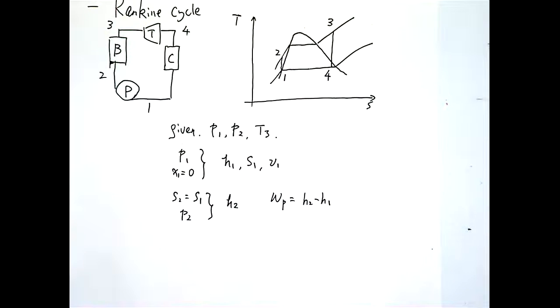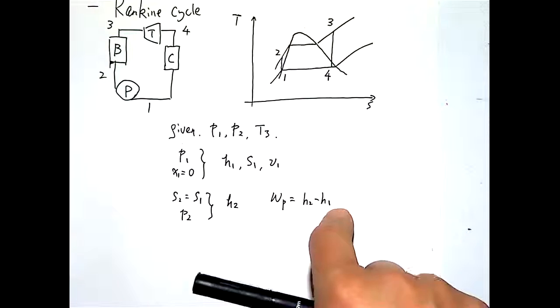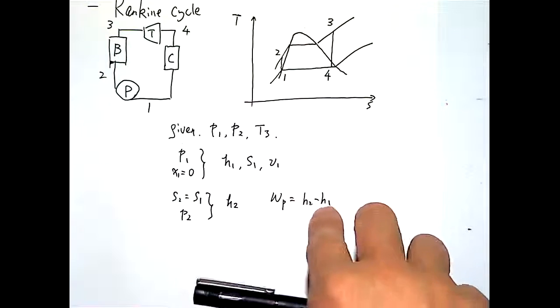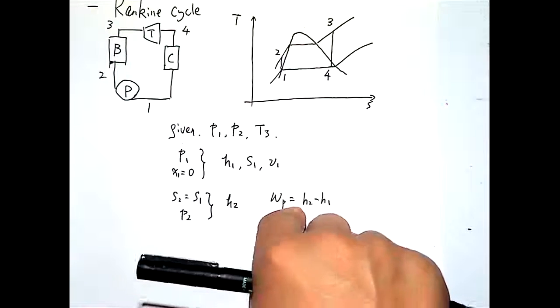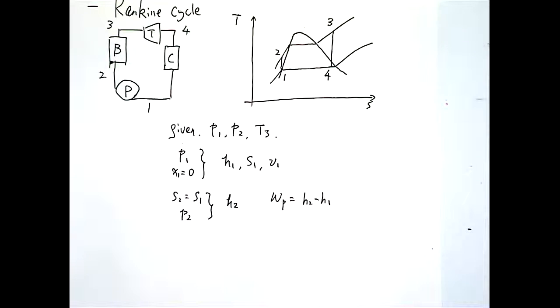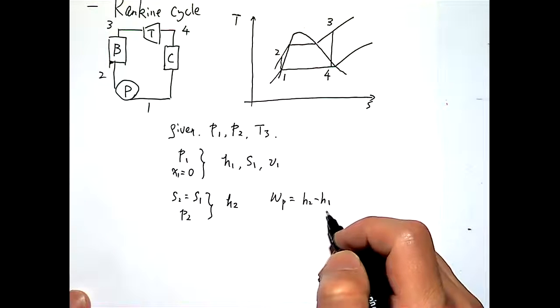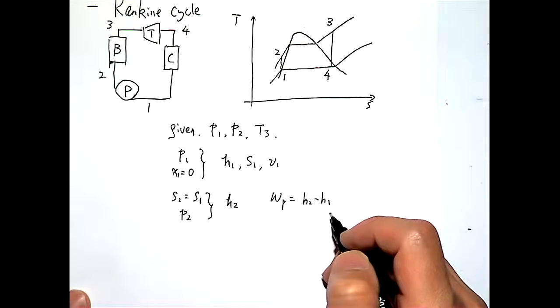So that's one way to determine the pumping work. Again, this is an isentropic process, which by definition is adiabatic. So there's no heat. Enthalpy change equals the work involved in the process. So this is one way if you can figure out the enthalpy at both states.